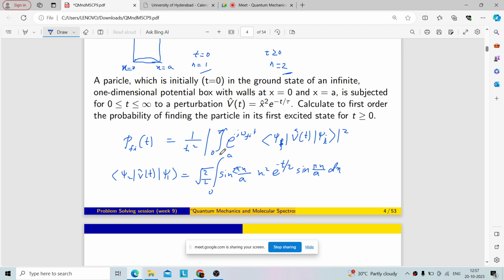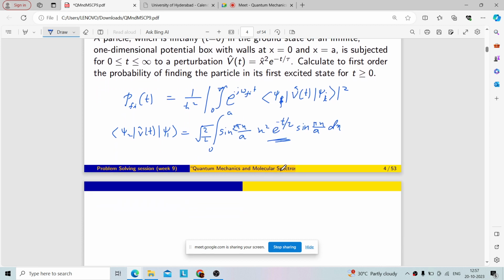Now you see this function e to the power minus t over tau does not depend on x, so it does not affect the integral and we can take it out simply.